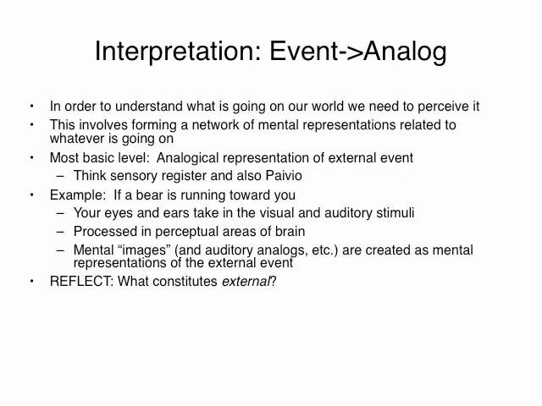Maybe you smell that bear. Who knows? I don't know what a bear smells like. You smell the bear smell, and then that smell is represented as an olfactory analog within your information processing system. And so all these mental representations are analogical representations of the external event.